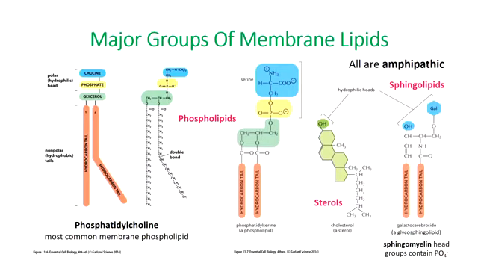Those are your fats and your oils. You don't find them in biological membranes because they're not amphipathic. They're completely nonpolar, completely water insoluble, and they wouldn't function well in a structure in which part of the membrane needs to be exposed to a water environment. So you're not going to find your triacylglycerols here.